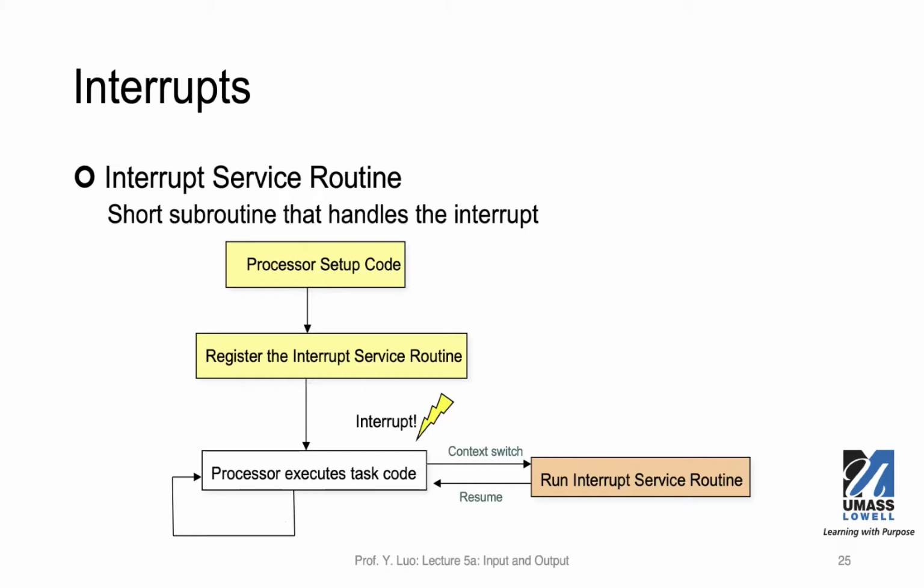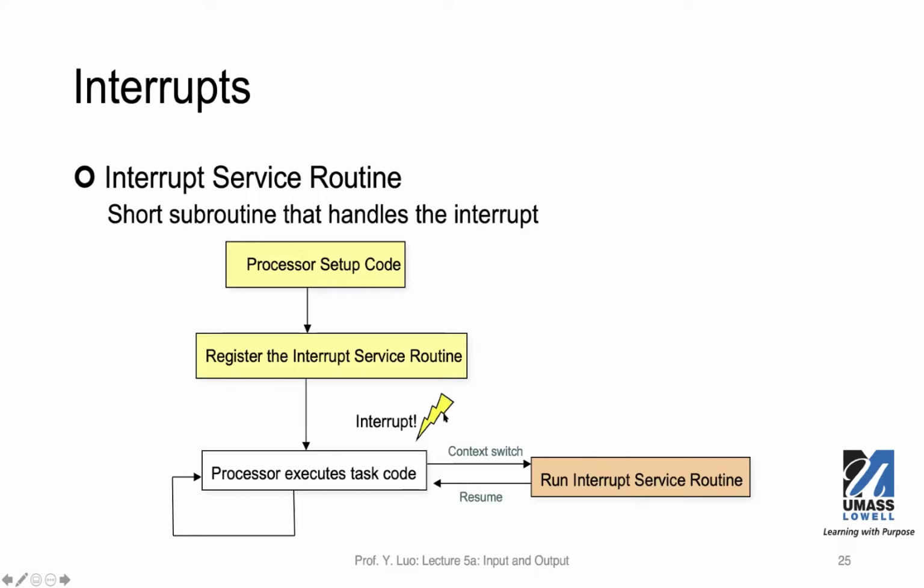But while you are doing that, this interrupt service routine has to be in place somewhere in your program memory. It may not be activated until you really receive an interrupt from the outside world. And that's what this lightning strike refers to.